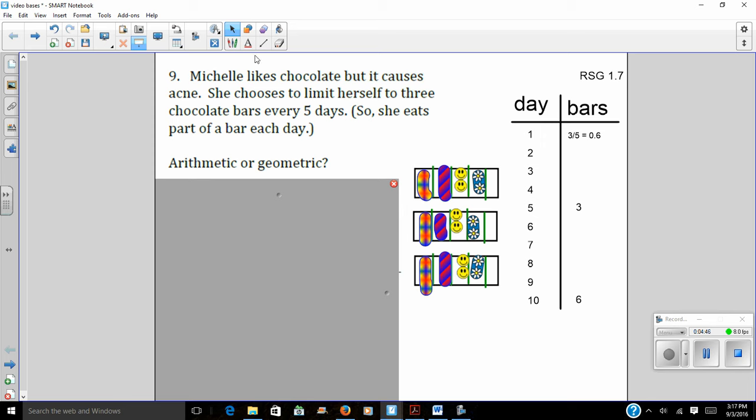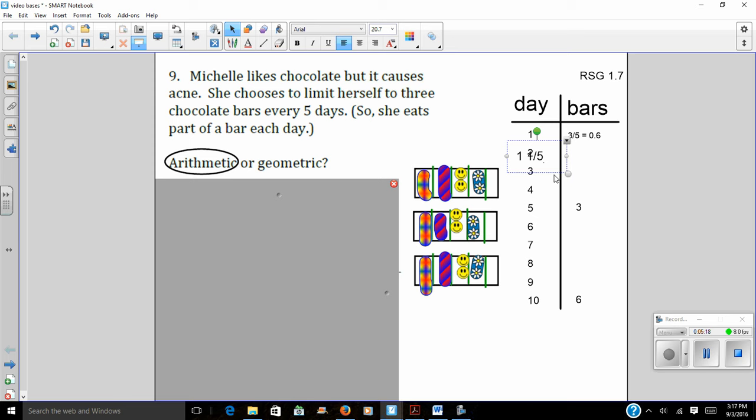So this would definitely be an arithmetic sequence, and because it is an arithmetic sequence, we can see that it is adding the same quantity each day. We have a common difference in this situation. All right, so let's tackle our equations. We know that we're adding 3/5 each day, so on day 2, she would have eaten 1 1/5 bars, or 1.2 bars.